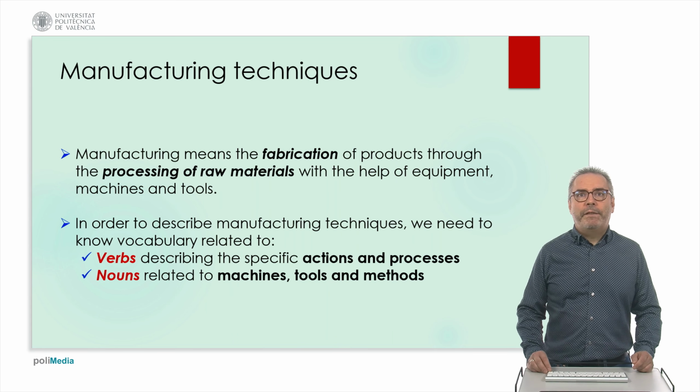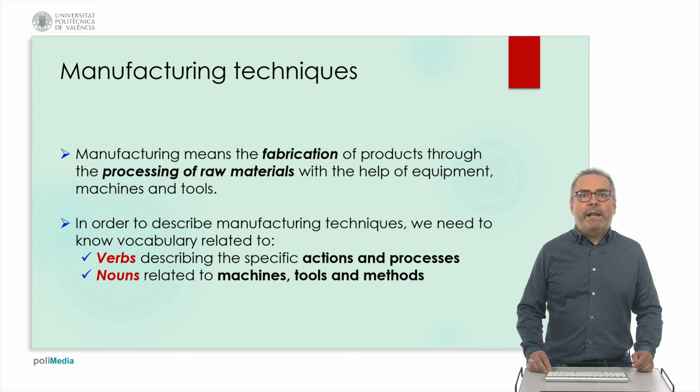Let's start with manufacturing techniques. Manufacturing implies the fabrication of products and goods through the processing of raw materials, and to do so we need the help and assistance of certain specific equipment, machines and tools. We'll have a look at some of these basic machinery as well.